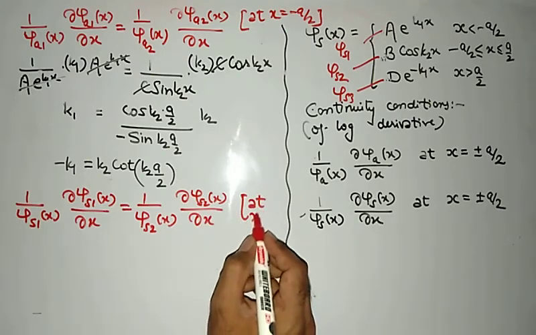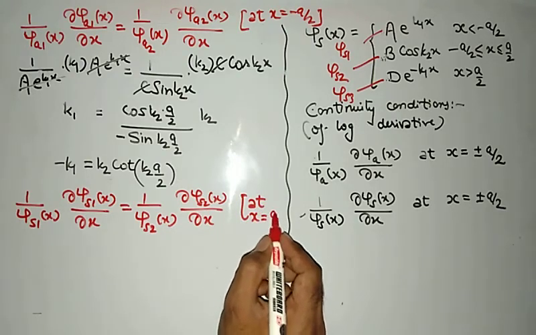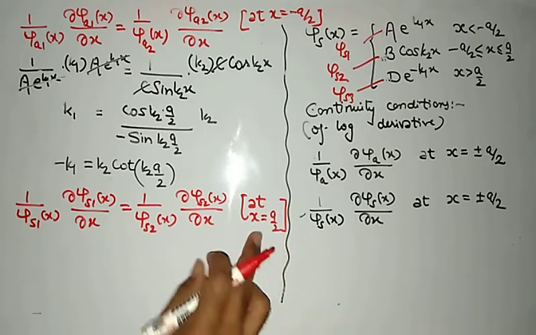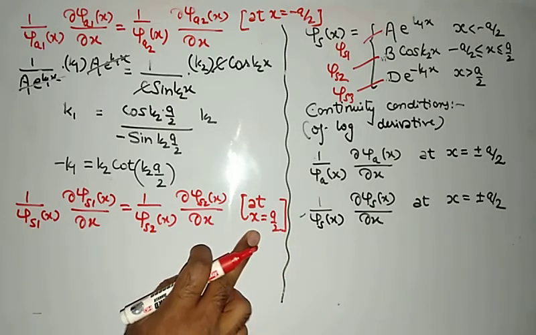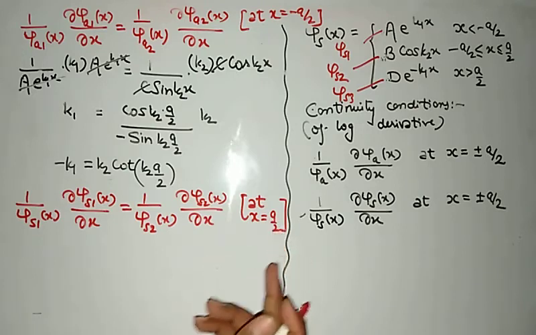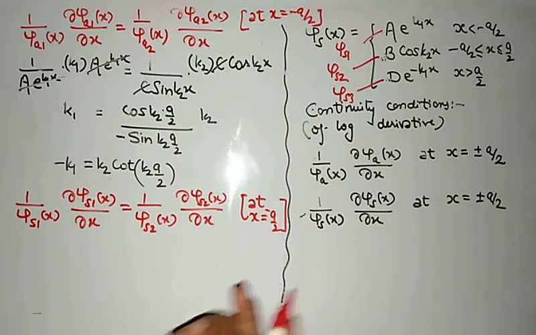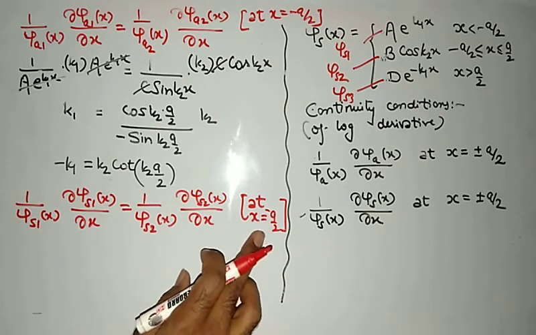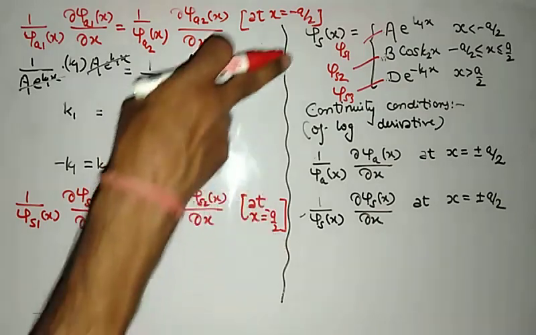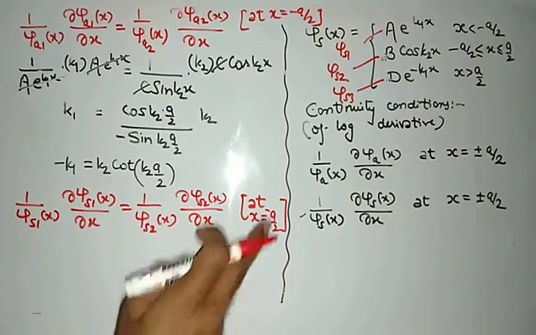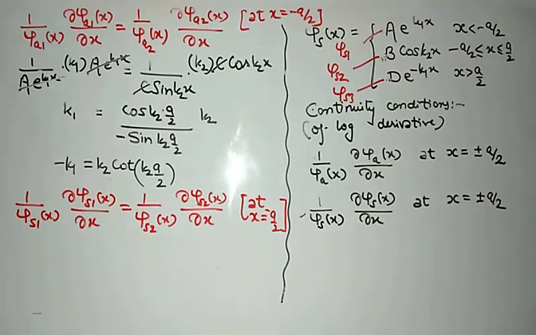This is at x is equal to a by 2, or you may take for minus a by 2. Yes, for minus a by 2 we will take this, and for a by 2 we will consider s2 and s3.